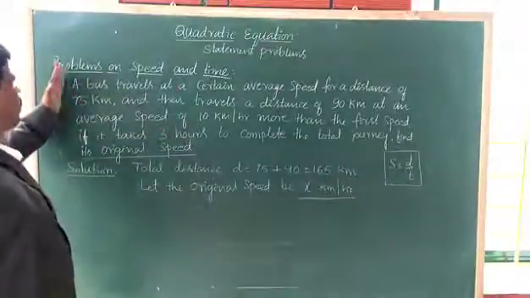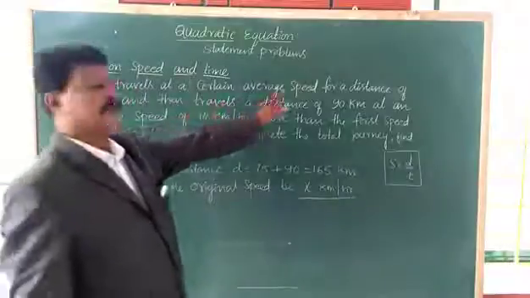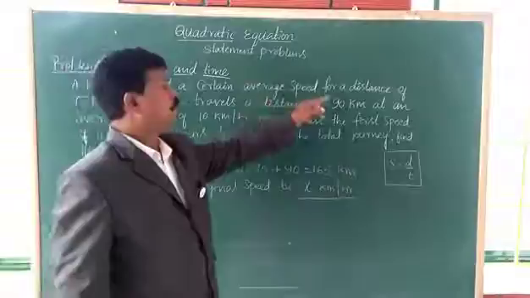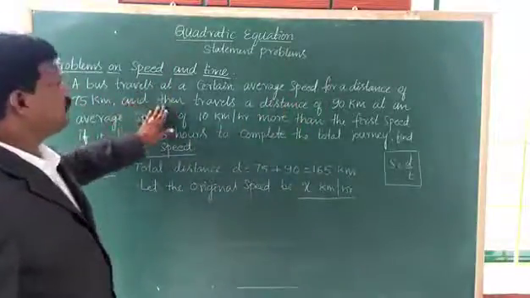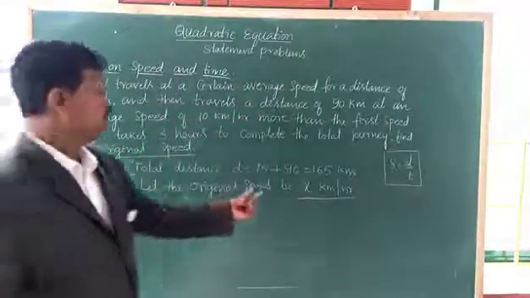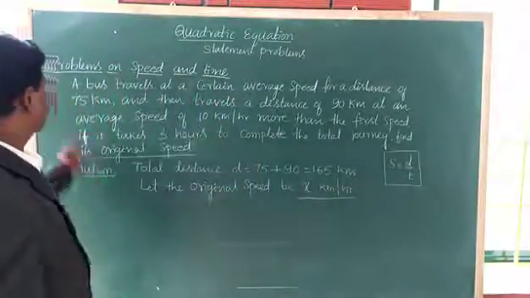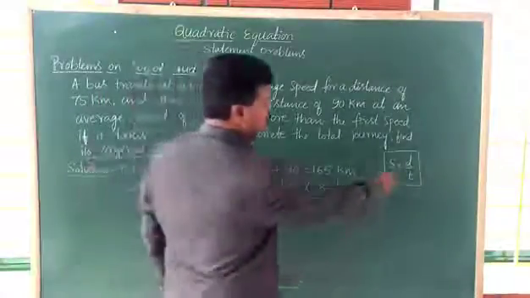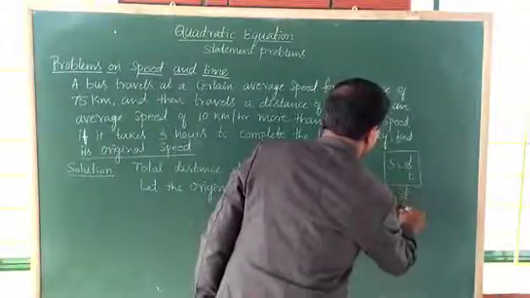Now coming to the first part. Here a bus travels at a certain average speed, which we don't know, for a distance of 75 km, right? And then travels a distance of 90 km. Now first thing is, the bus speed is x km per hour. Then to travel 75, what is the time taken? Now here t is equal to d by s.